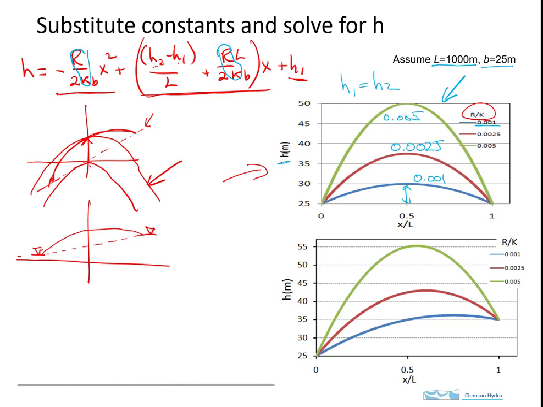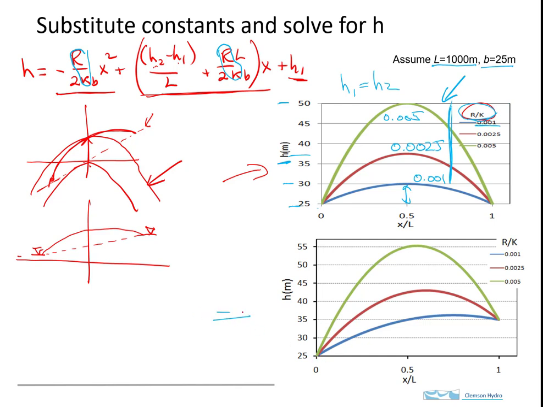And here's the heights in meters. So we start at 25, so this is 5 meters above the stream. This is about 12 meters, and this is about 25 meters. And so that's, I think, a reasonable range. And what it tells us is that this is kind of a decent ballpark for this ratio of the recharge to the hydraulic conductivity.